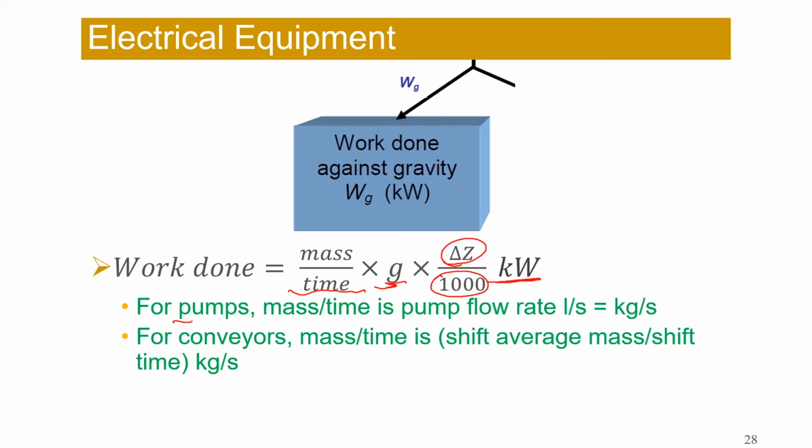For pumps, mass divided by time is the pump flow rate, in liters per second or kilograms per second. For conveyors, mass divided by time is the shift average mass divided by shift time, in kilograms per second.